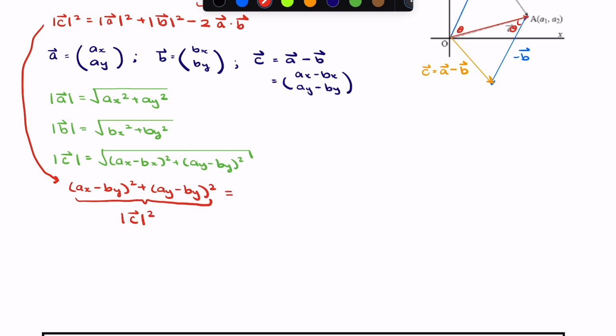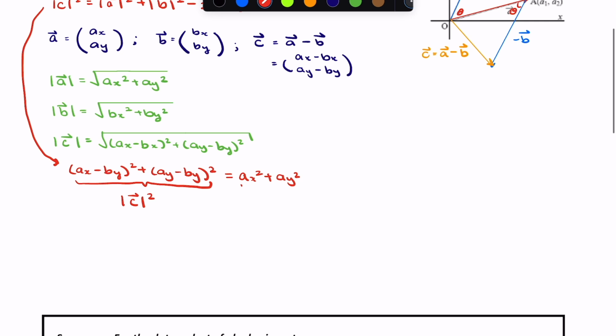That's equal to ax squared plus ay squared, which represents the magnitude of a squared, plus bx squared plus by squared, which represents the magnitude of b squared, and then minus 2 times the dot product of vector a and vector b.